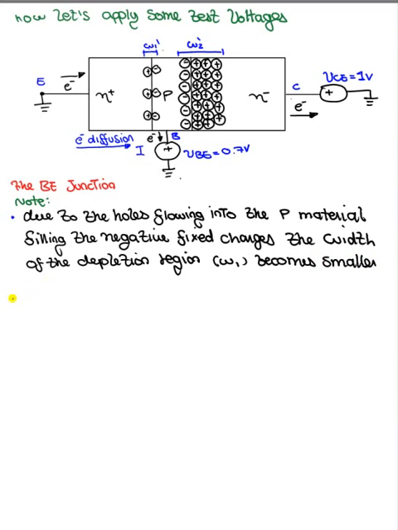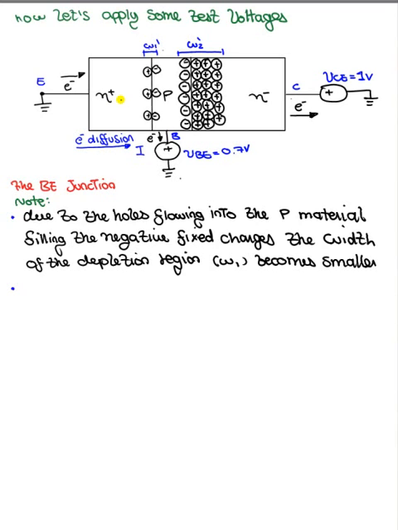Now the second thing is that the carrier concentration gradient increases. The differential in concentrations of carriers increases, meaning that we have a lot more holes in here than we had before, and we had very few holes on this side, which means that holes are going to diffuse over to this side.